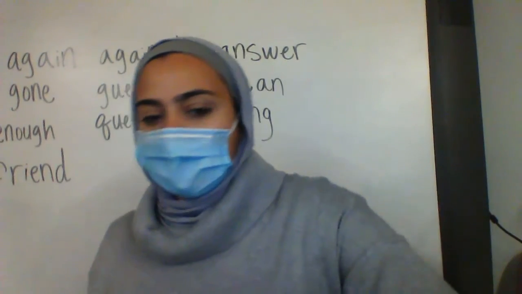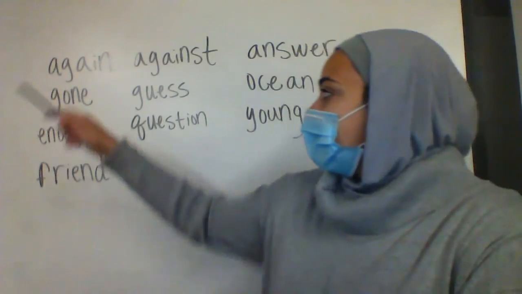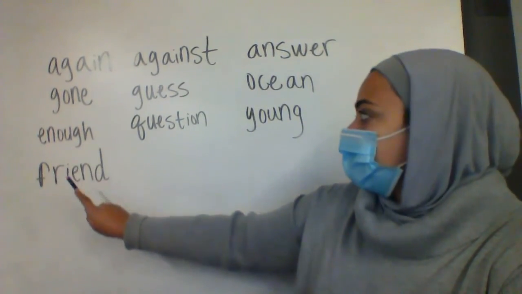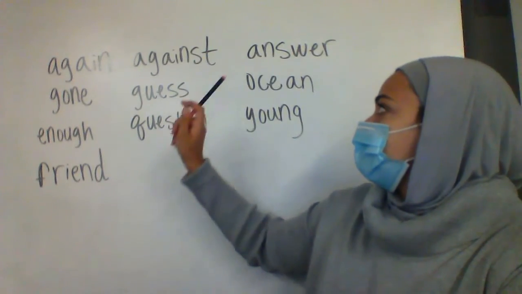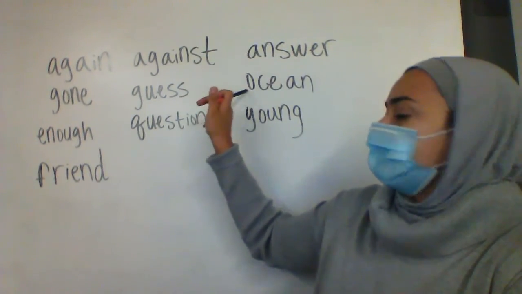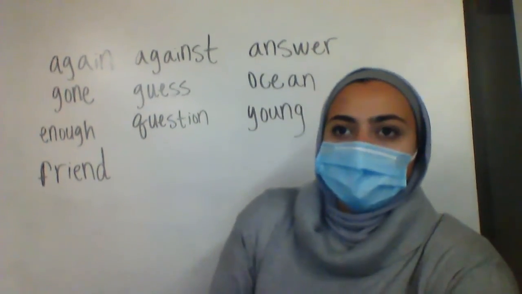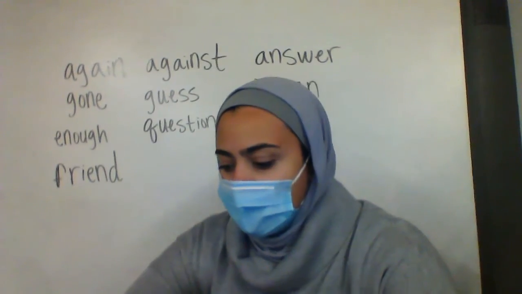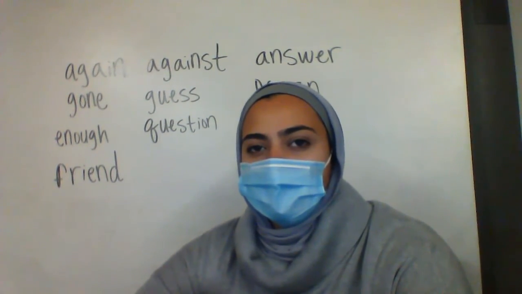I want us to read the words that are on the board behind me together. Are you ready? Again, gone, no, friend, against, yes, question, answer, ocean, no. Very good. Who remembers what these words are called? They're called sight words. Who remembers what a sight word is? Raise your hand.